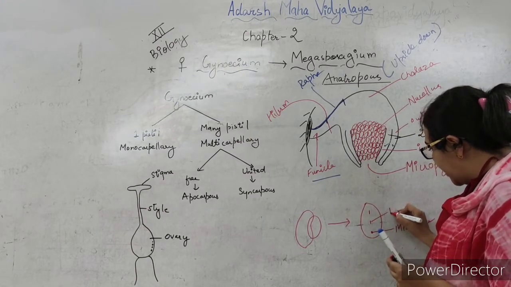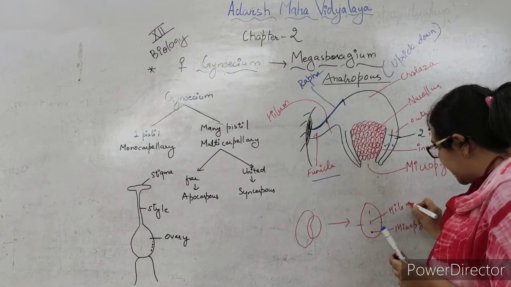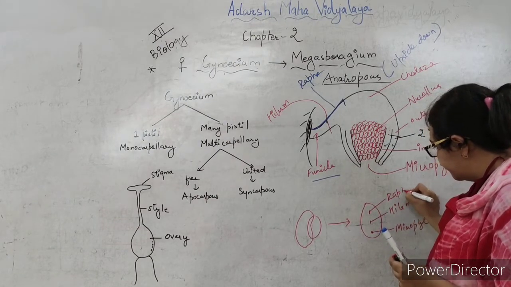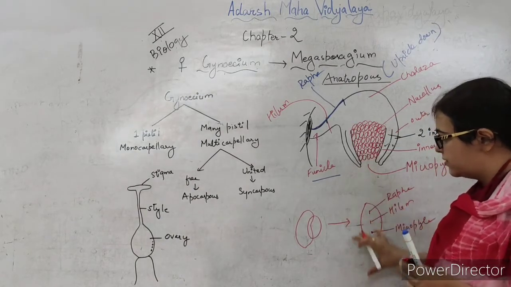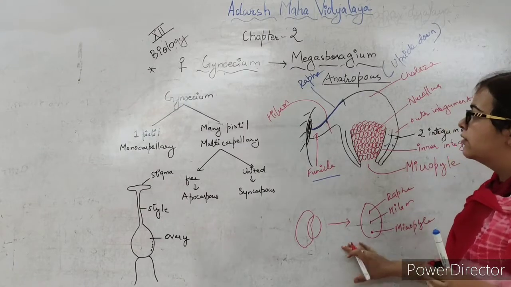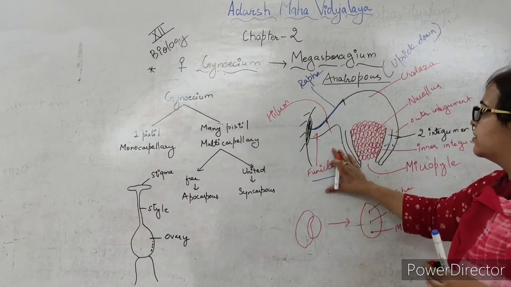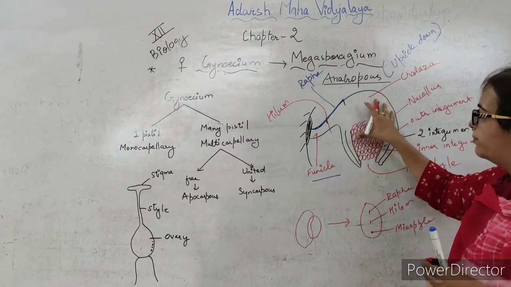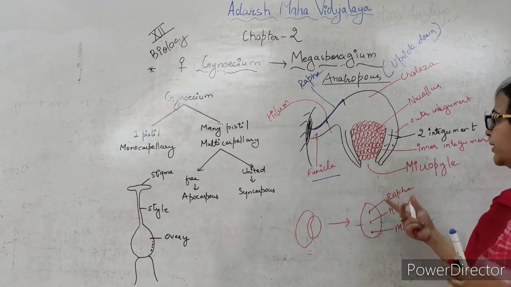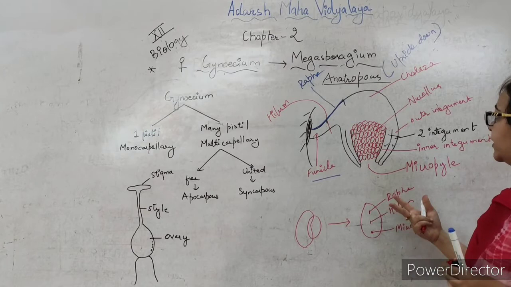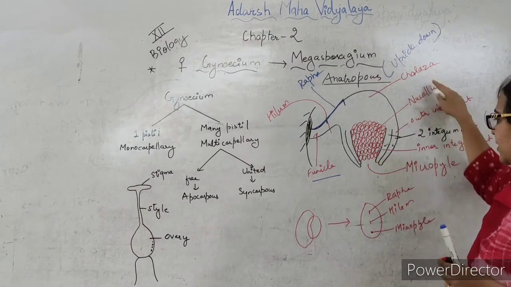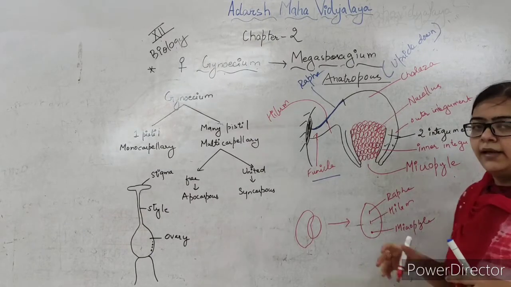This scar is called hilum and this scar is nothing but the raphe. You can observe this, but these structures will only be visualized in a big seed. So this is the structure of an anatropous ovule. It consists of hilum, funicle, integuments, nucellar cells, and it has two ends, the chalazal end and the micropylar end.